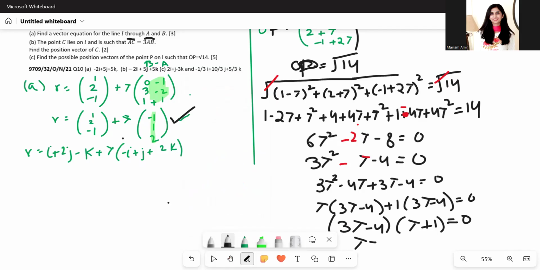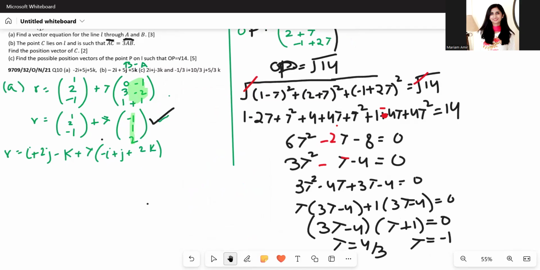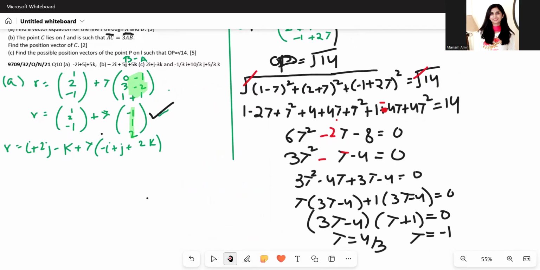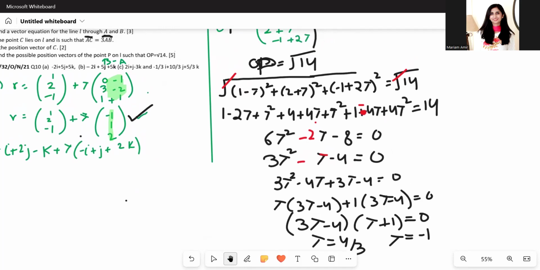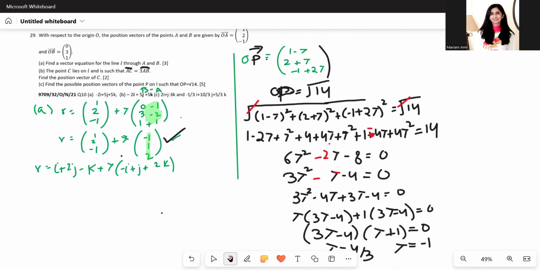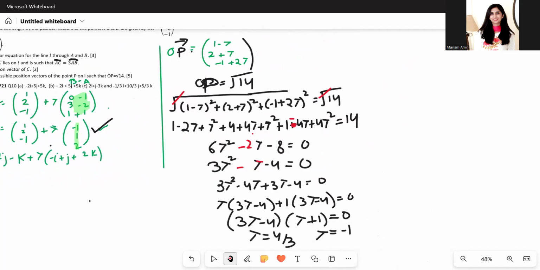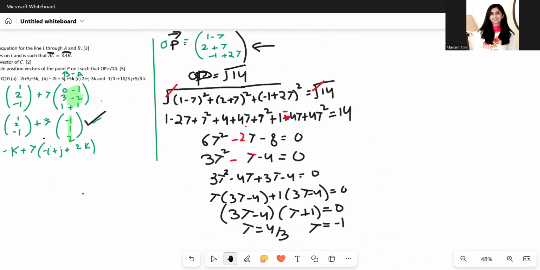So we get lambda equals 4 over 3 and lambda equals negative 1. The question was to find the possible position vectors of P. So OP is already there with us at the start. Now replace the lambda with the values found and get the two position vectors.